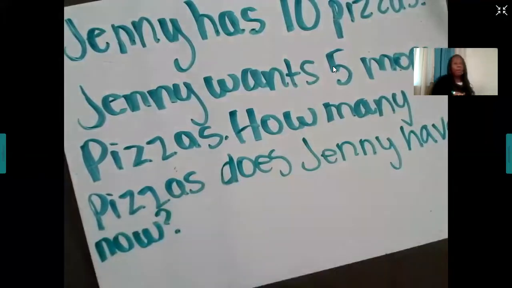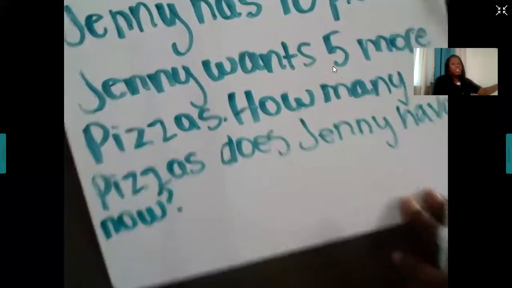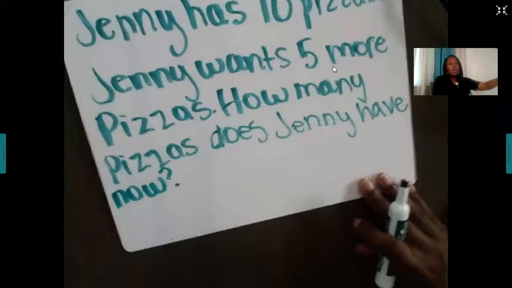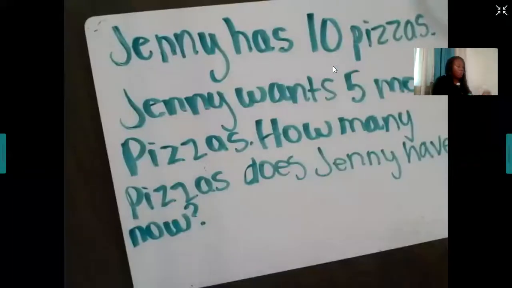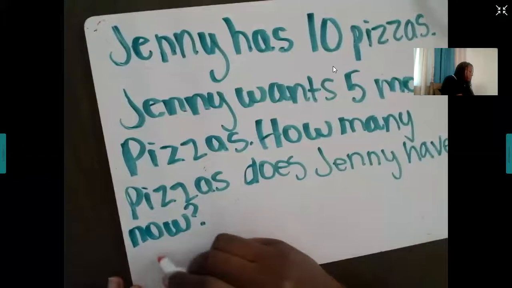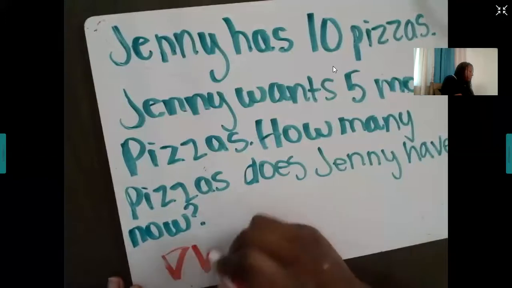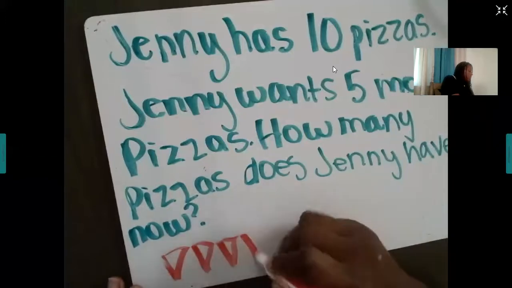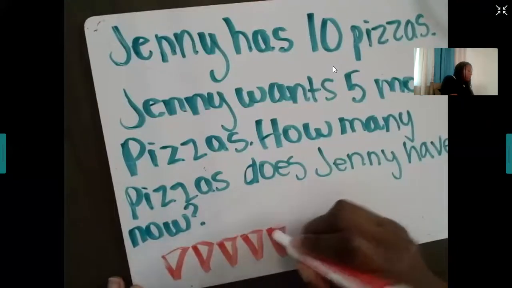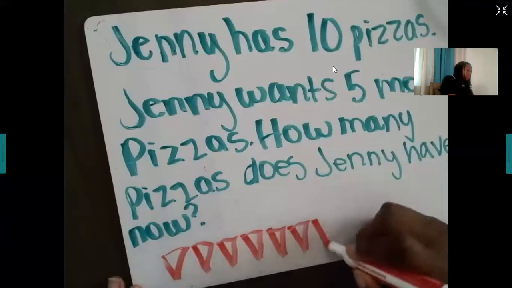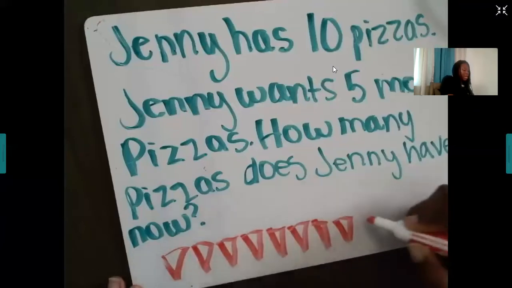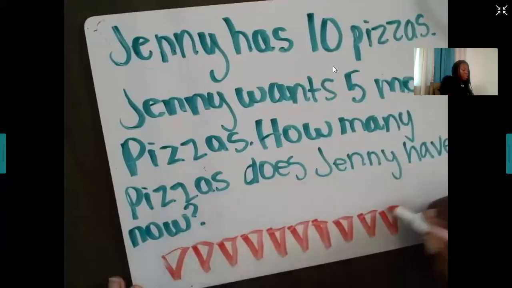Well, let's draw it out. Jenny has 10 pizzas. I'm going to go ahead and draw my pizzas, 10 of them. 1, 2, 3, 4, 5, 6, 7, 8, 9, 10.